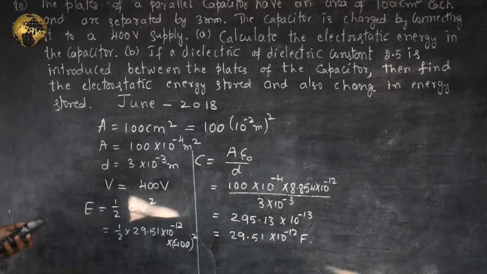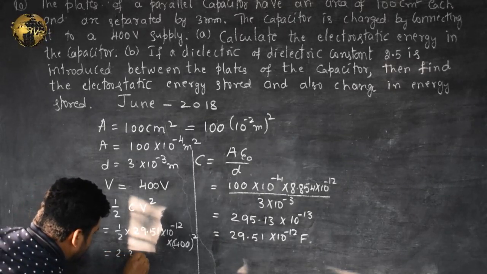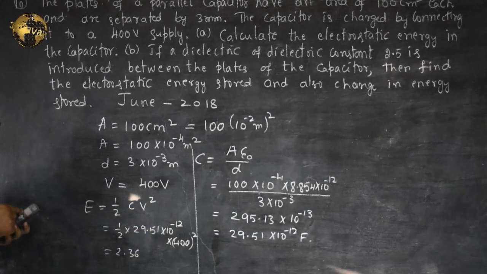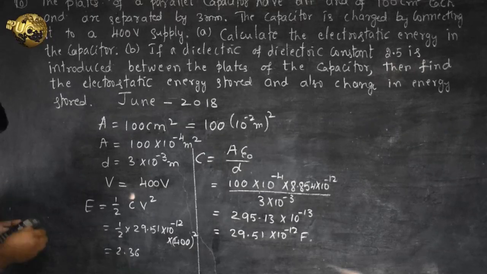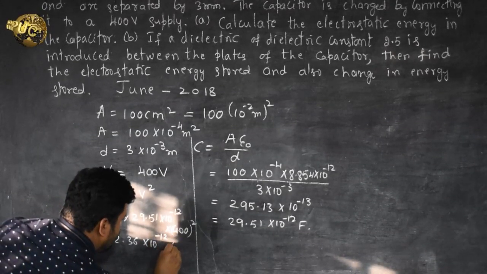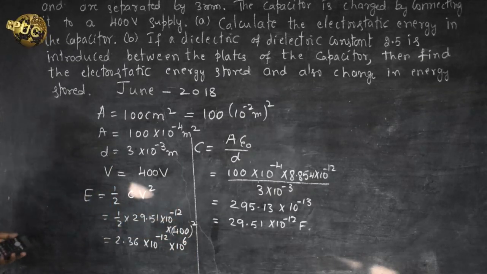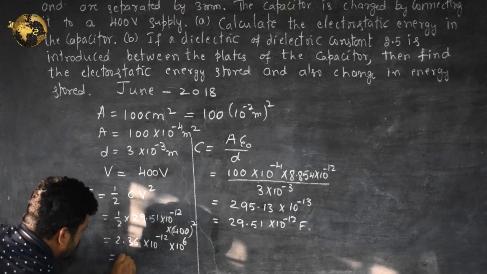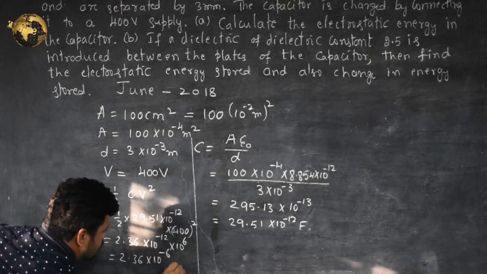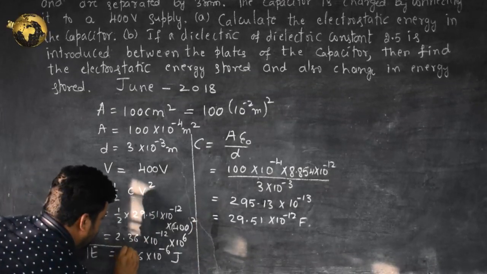So we get 2.36 into 10 to the power minus 6 joules. So this is the energy stored in the capacitor.